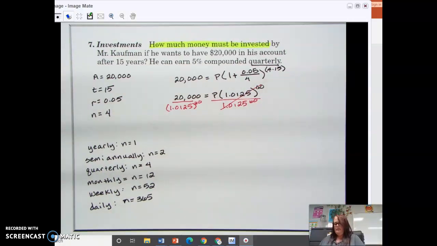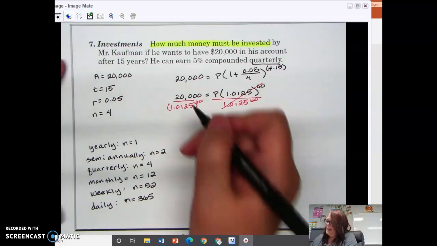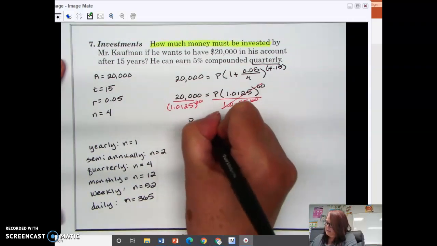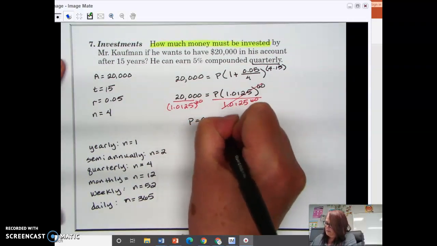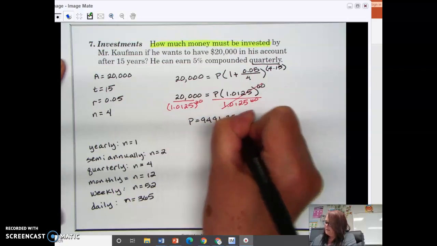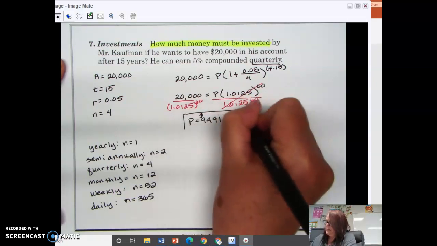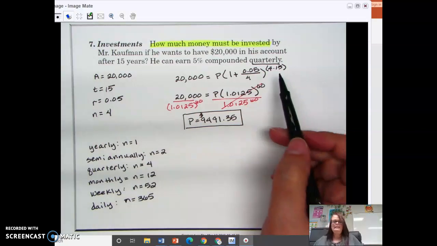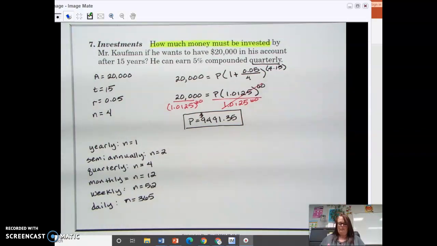And so then if I do 20,000 divided by 1.0125 to the power of 60, I get that my initial amount needs to be $9,491.35. So that's how much you would need to invest and leave in the bank for 15 years, compounded quarterly at 5%.